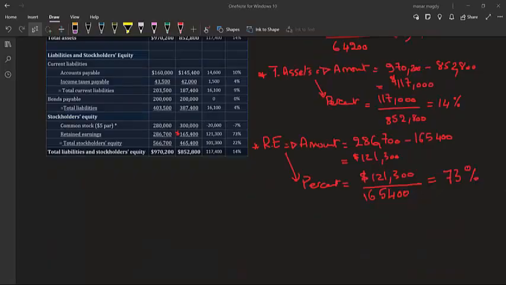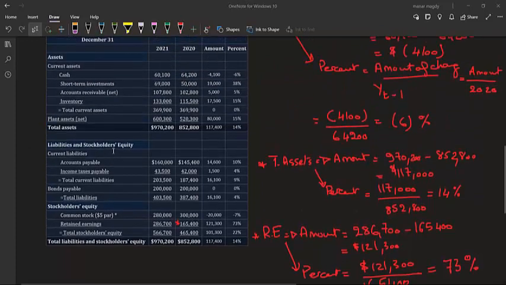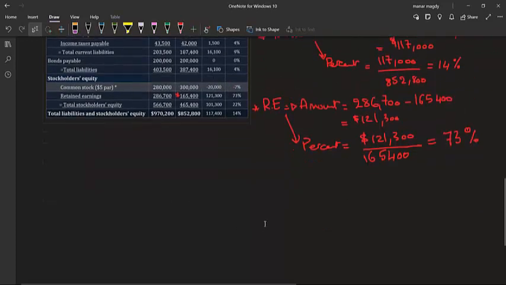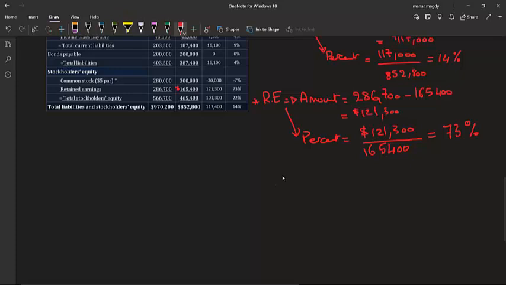Let us apply one last example. We can choose another account. Here let's choose the common stock. How can we calculate it? As follows. Common stock in year 2020 was 300, and in year 2021 it was 280.